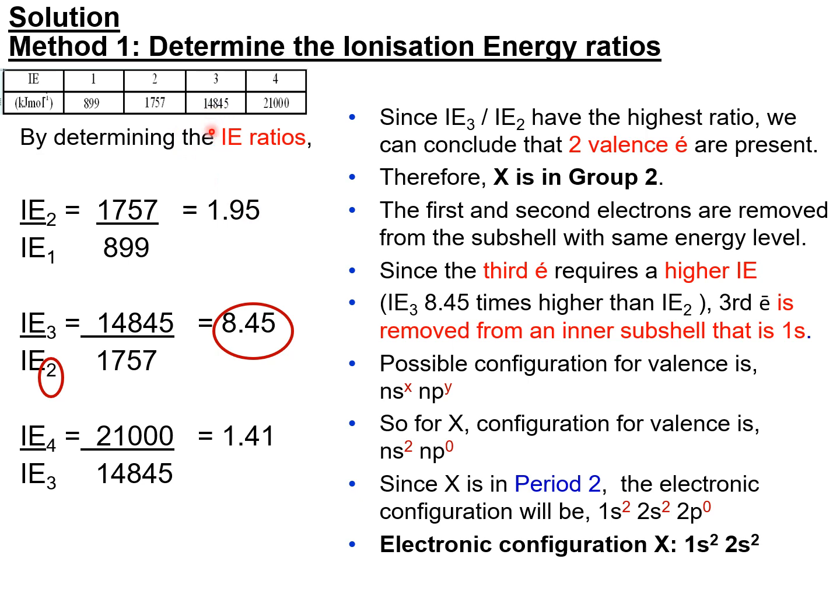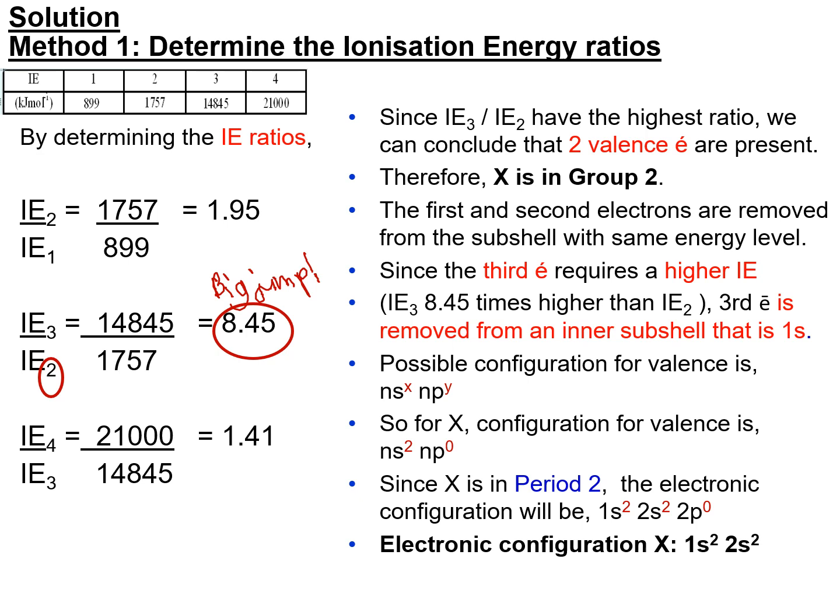Lepas tu ionization energy yang ketiga bahagi 2, you dapat 8.45. And ionization energy yang keempat bahagi dengan 3, you akan dapat 1.41. Okay, so if you look at here, ratio ni 1.95, ratio ni pula 1.41. Tetapi yang this one dia ada very big jump ya. This is big jump.